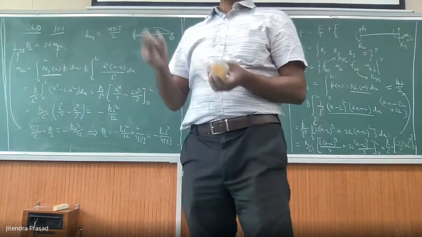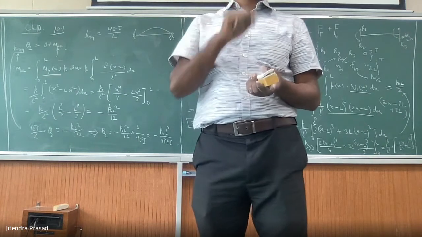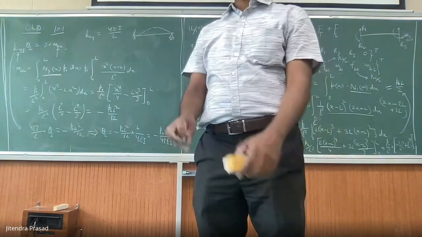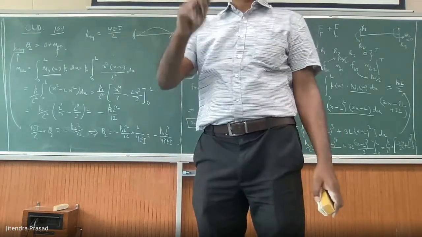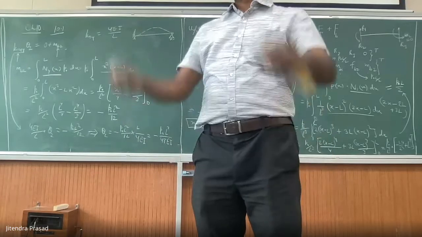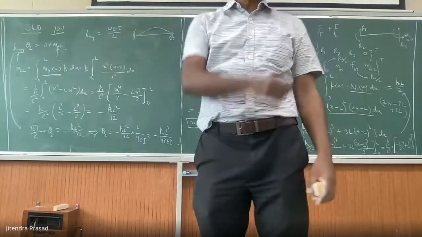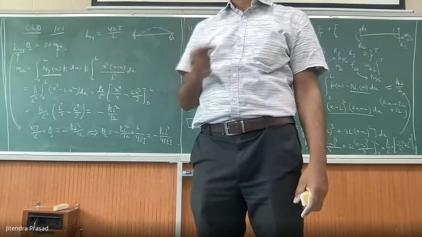So always see the problem, see which things you have to find out. Not necessarily everything. Typically I get this kind of answer: I did not have much time to solve it because finding the stiffness matrix took a long time. But in this case, you have to find out just one. So think about which things you have to find out.